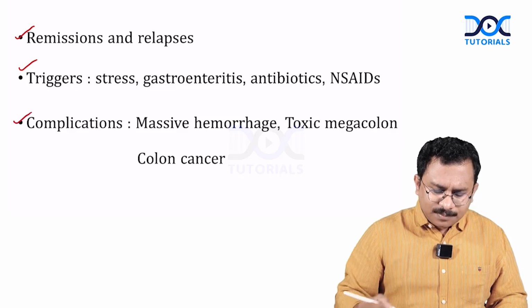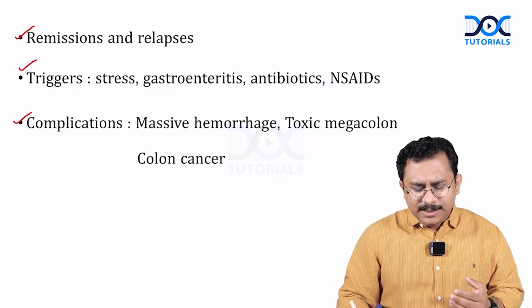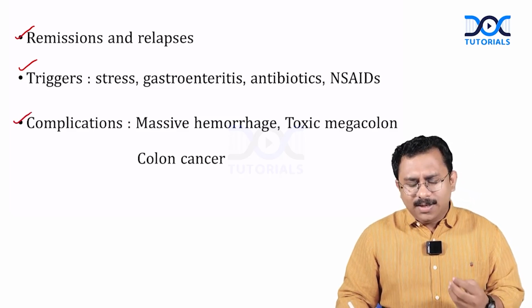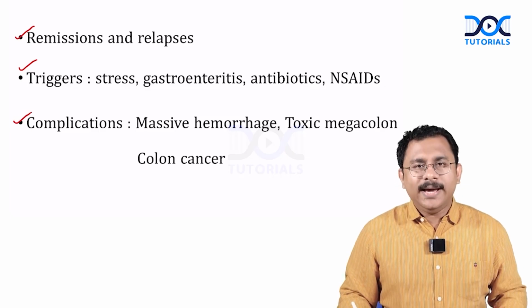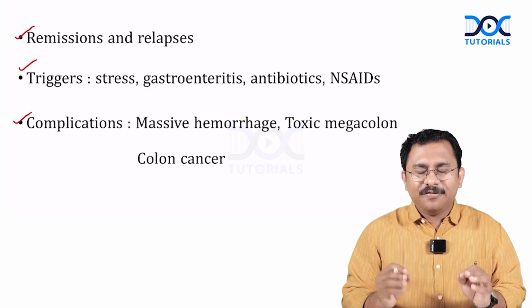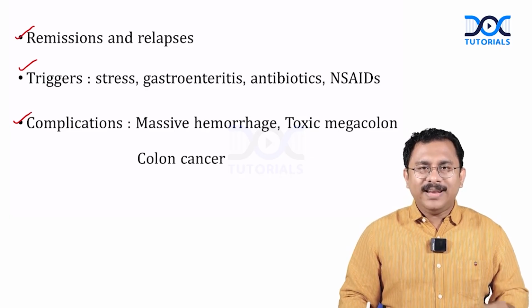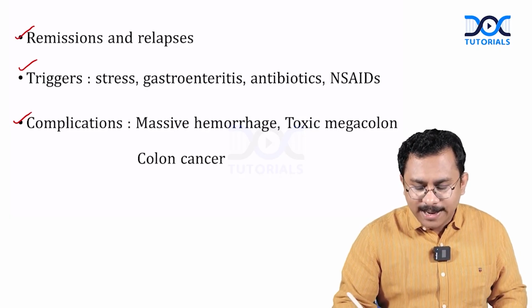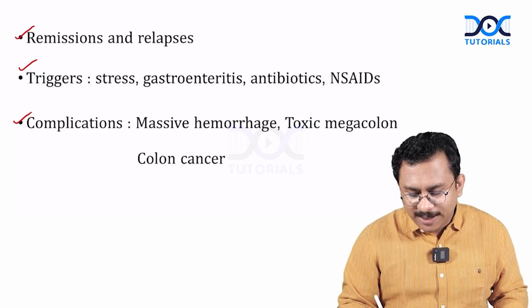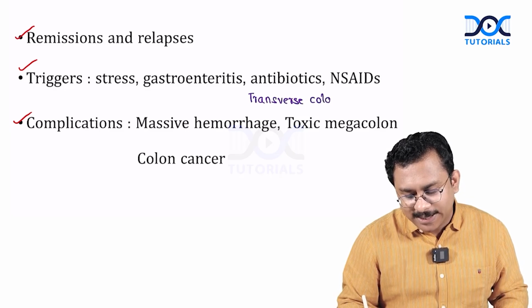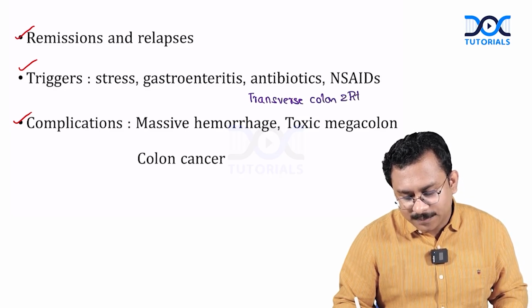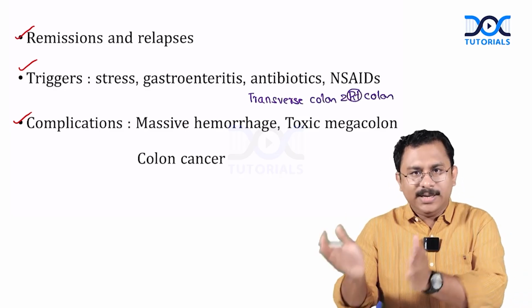Complications of the condition, well, ulcerative colitis can lead on to massive hemorrhage at times. You can have toxic megacolon wherein the wall becomes thinned out, and if you have got an increase in the diameter of the transverse colon and the right side of the colon, okay, the left colon is usually the diseased part.